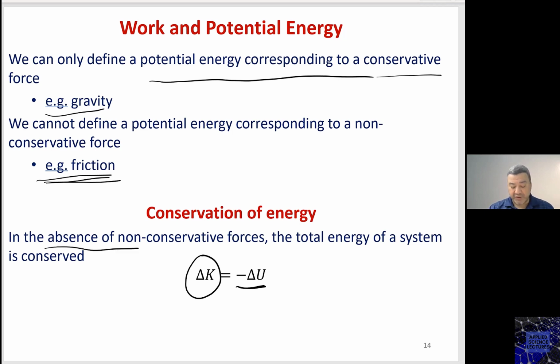In the absence of non-conservative forces, I have no losses, no friction. I'm talking about a lossless system. In this case, my energy would be conserved. An ideal system, for example, to make our study easier.